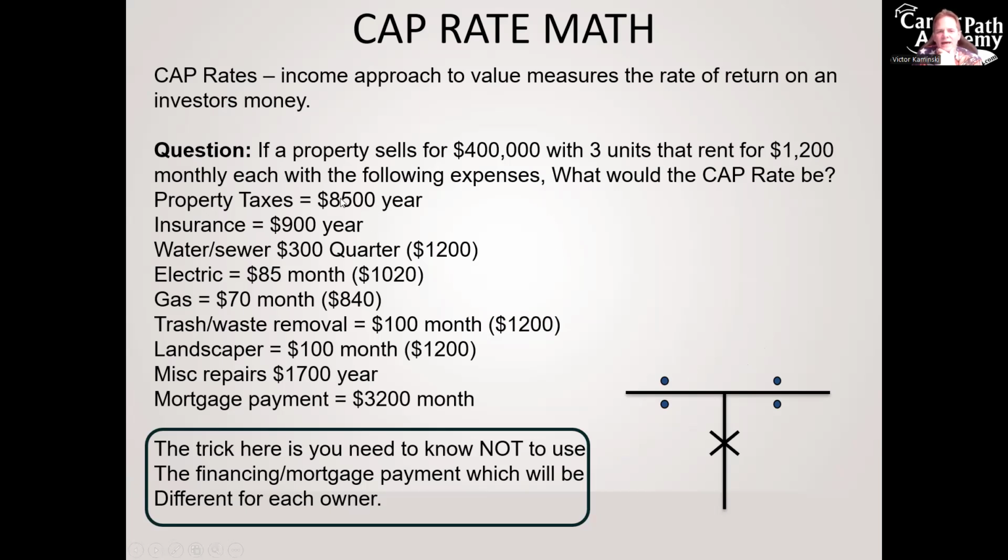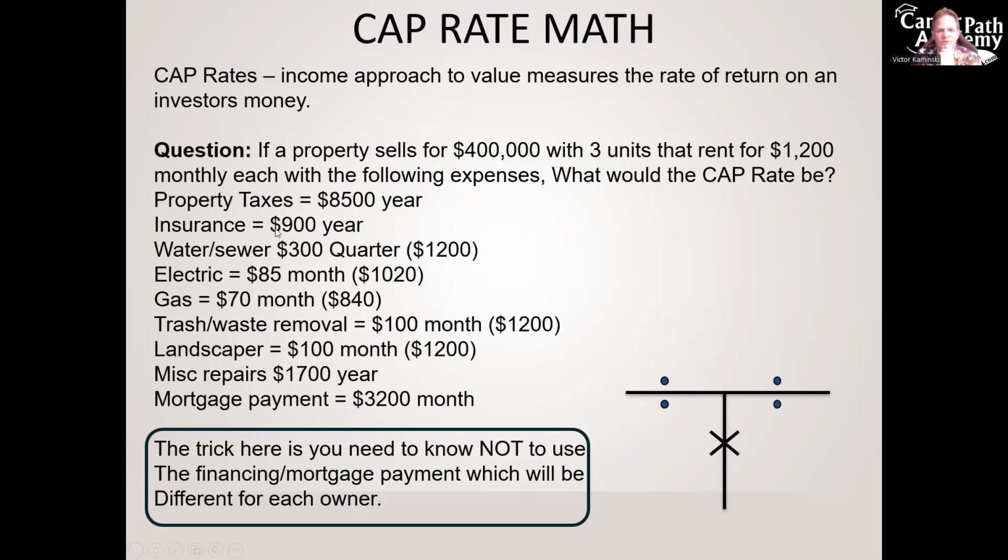So now we need to add all the annual expenses here, except for the mortgage payment, because we don't calculate the financing cost, the mortgage, because that'll be different from one owner to the next. So we calculate cap rates by adding up all the annual expenses.